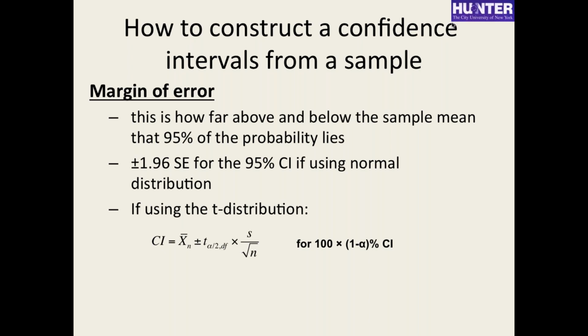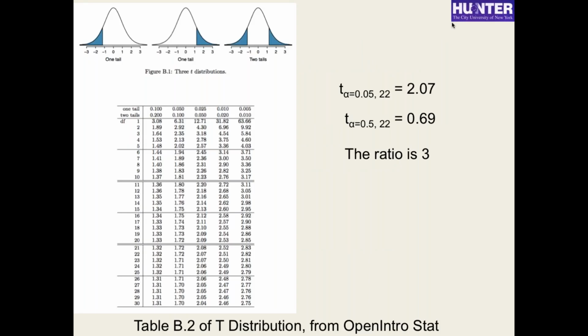I can't say that the means of the two populations are different, and they are in fact different, right? But you missed it because it was too small a sample. You weren't able to reject the null hypothesis, but in fact it really is true there is a difference between the two groups. That's called a beta or a type 2 error. So as we move forward, you're going to hear those terms every once in a while, and we're going to actually figure out how to calculate those things.